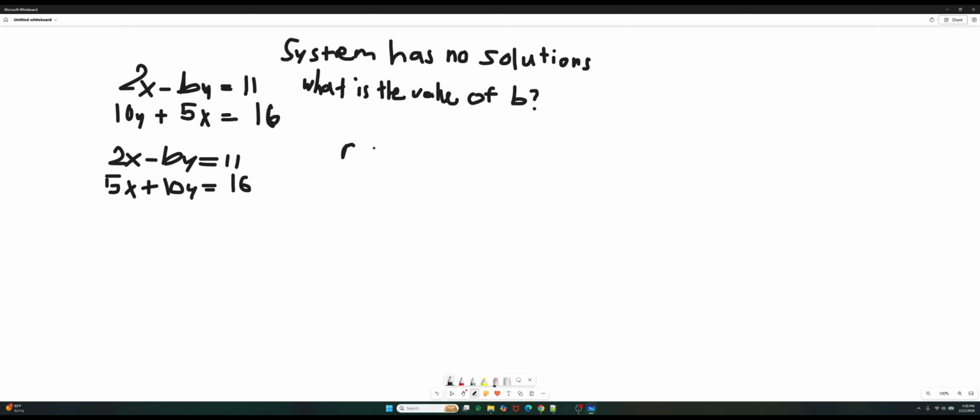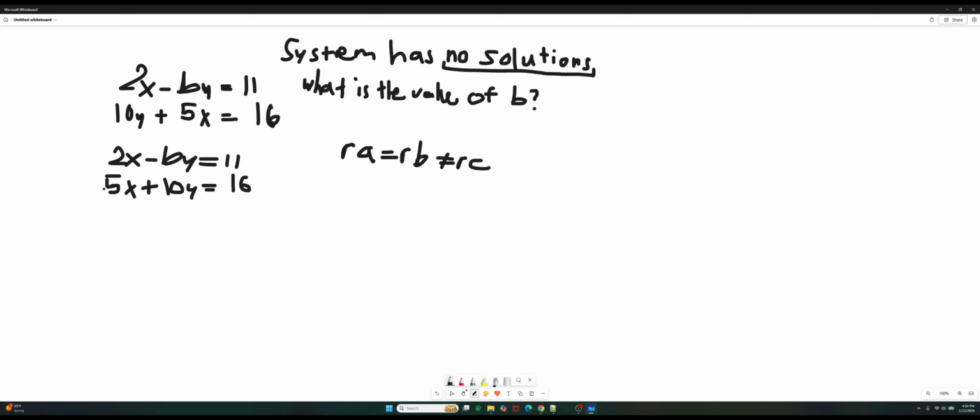So if we apply the concept, I'm just gonna place an r before the variable because I don't feel like writing a1 divided by a2, b1 divided by b2, stuff like that. I'll put r to signify it's a ratio. So the ratio of a equals the ratio of b, but does not equal the ratio of c. That's what no solutions means. That's the definition if we apply the concept.